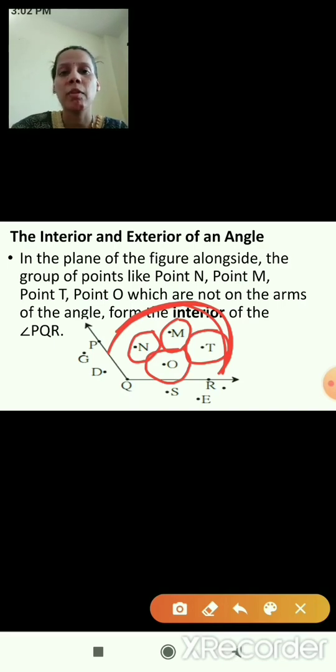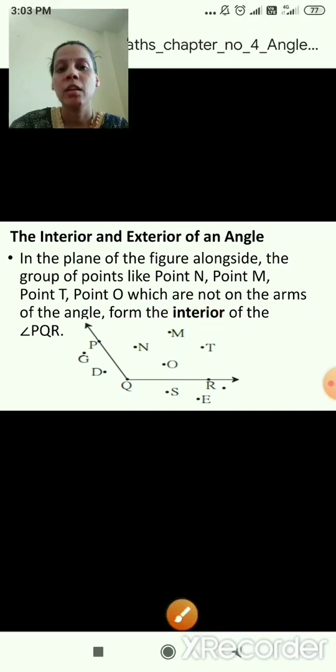So first we find the arms: ray QP and ray QR are the arms of angle PQR, and points N, M, O and T are the interior points of angle PQR. I hope you are clear with interior points. Now we will see the next.